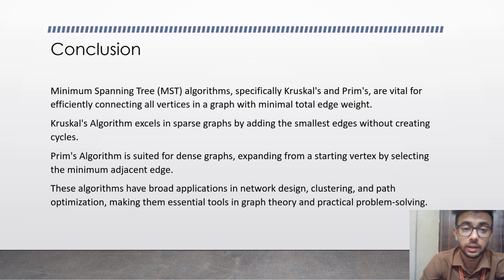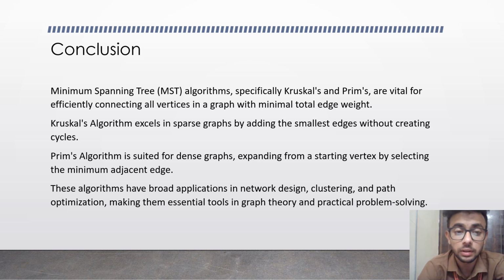Minimum spanning tree algorithms, specifically Kruskal's and Prim's, are vital for efficiently connecting all vertices in a graph with minimal total edge weight. Kruskal's algorithm excels in sparse graphs by adding the smallest edges without creating cycles.